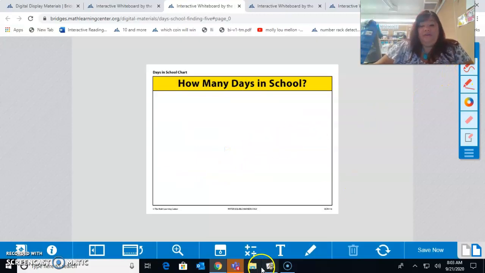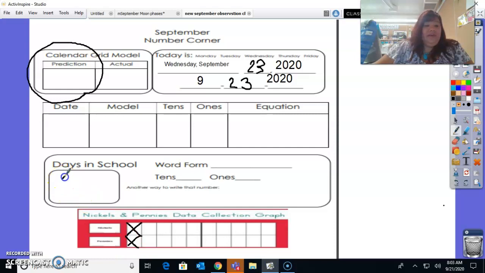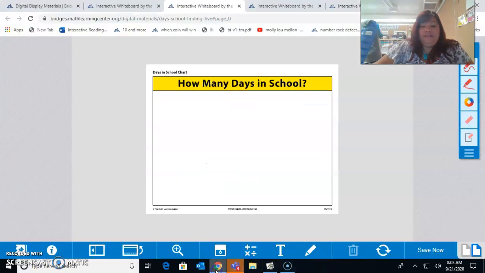So while you are writing 24 here, and how many 10s and 1s are in 24, I'm going to write it here. So we have 24, 2 10s, and 4 1s.